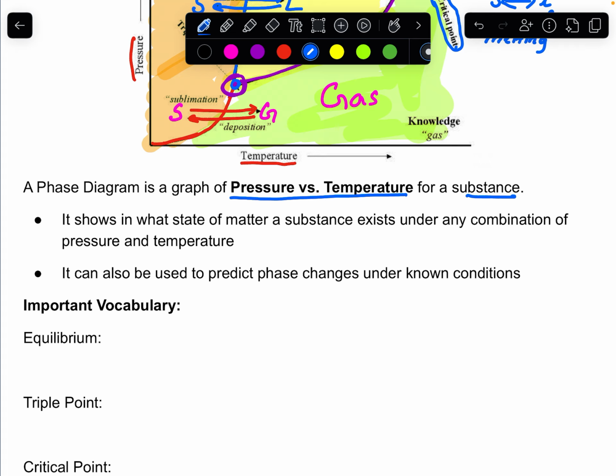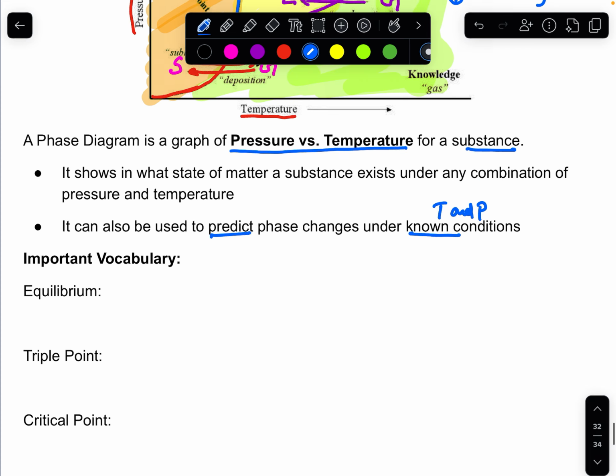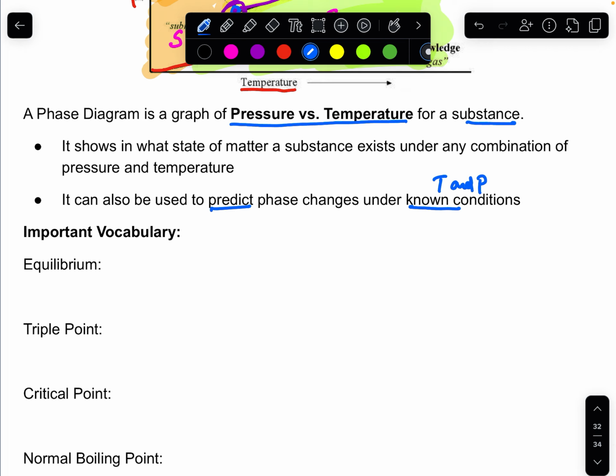It can also be used to predict phase changes under known conditions. If we know the temperature and pressure of a particular substance, we can predict whether it is a liquid, solid or gas.